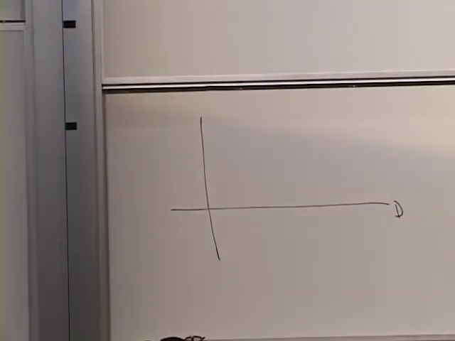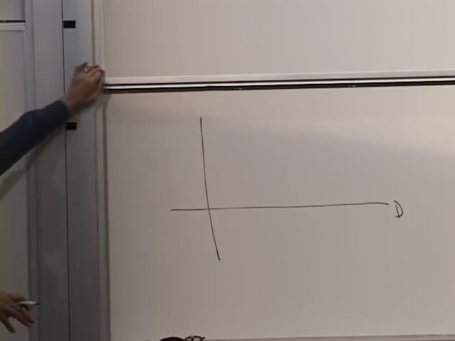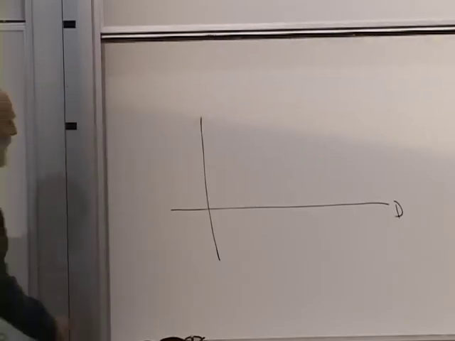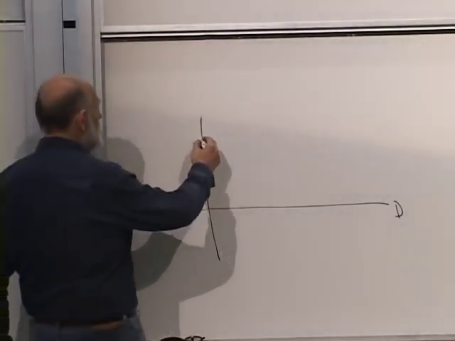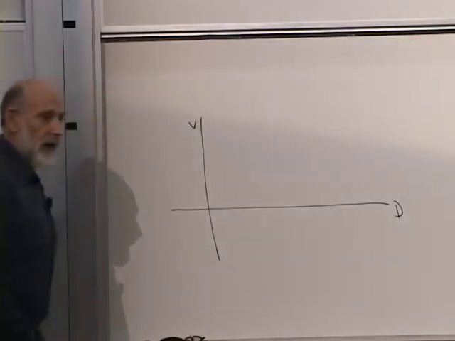There are much more sophisticated ways of measuring distance than just by size and brightness, but that's clearly one way to measure the distance. And on the vertical axis, he measured the velocity of the galaxies.